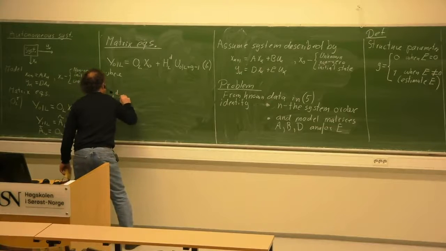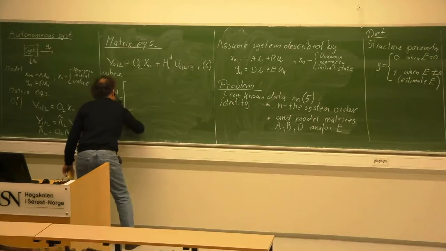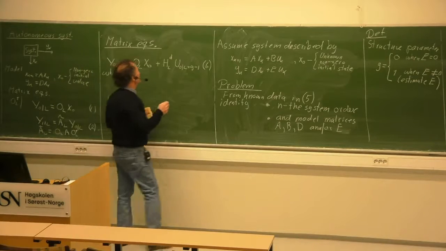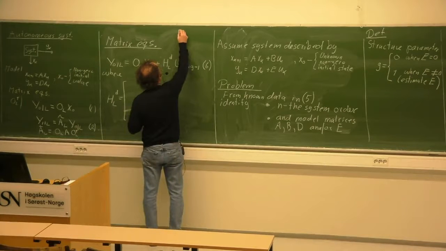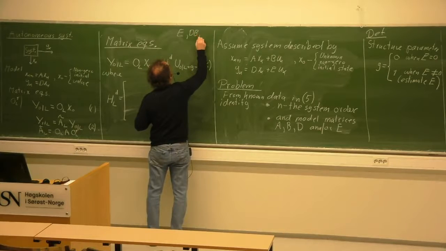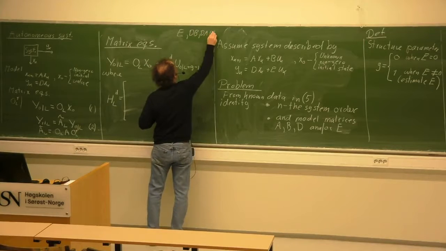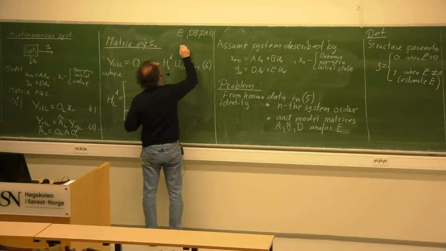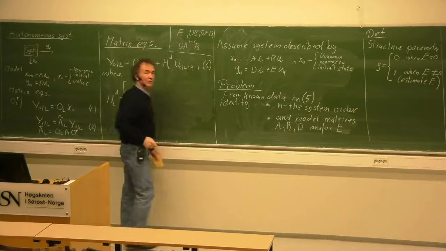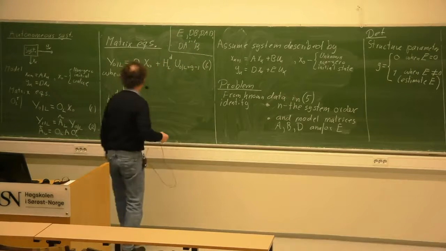H_L^d, a matrix like this, consisting of impulse response matrices. Remember the impulse response matrices are E, DB, DAB, dot, dot, dot, up to D A^{i-1} B. This is the impulse response matrices of the system.